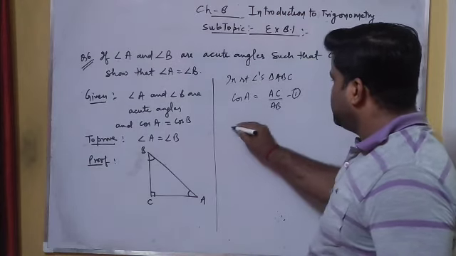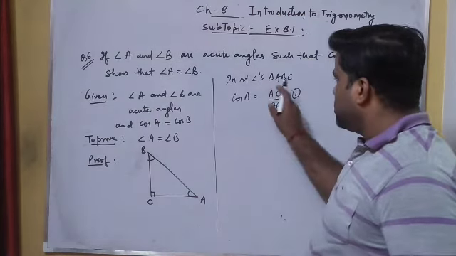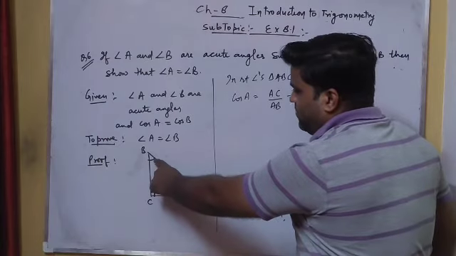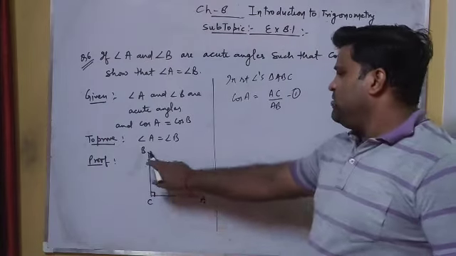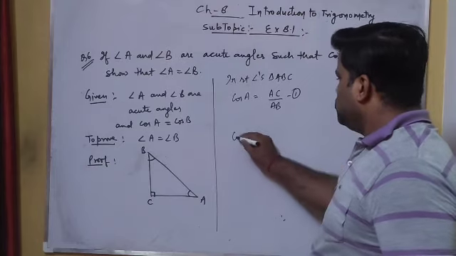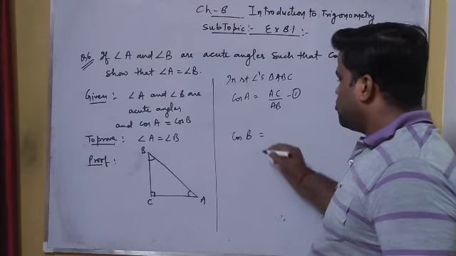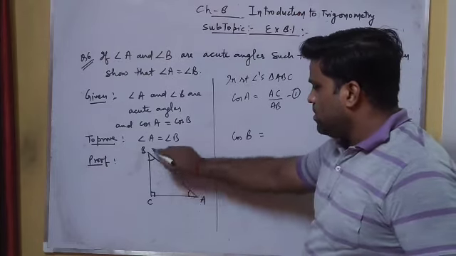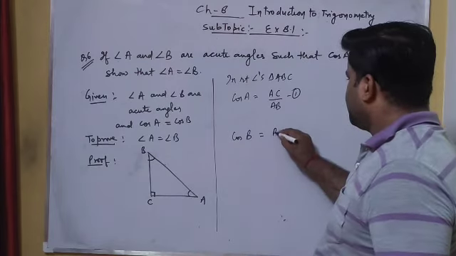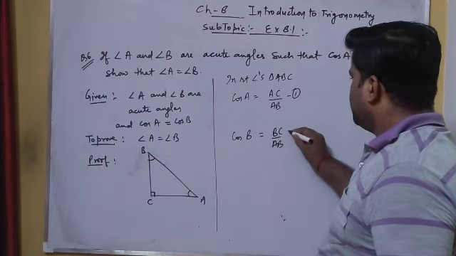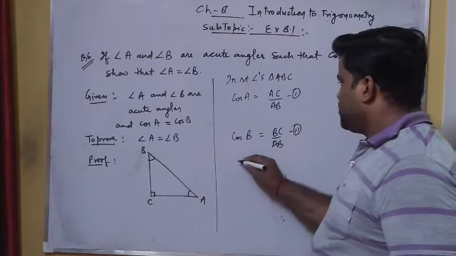We consider it as the first equation. Similarly, again we look in the right angle triangle at the angle B, which is an acute angle, so our cos B will be equal to BC upon AB from the figure. We consider it as the second equation.